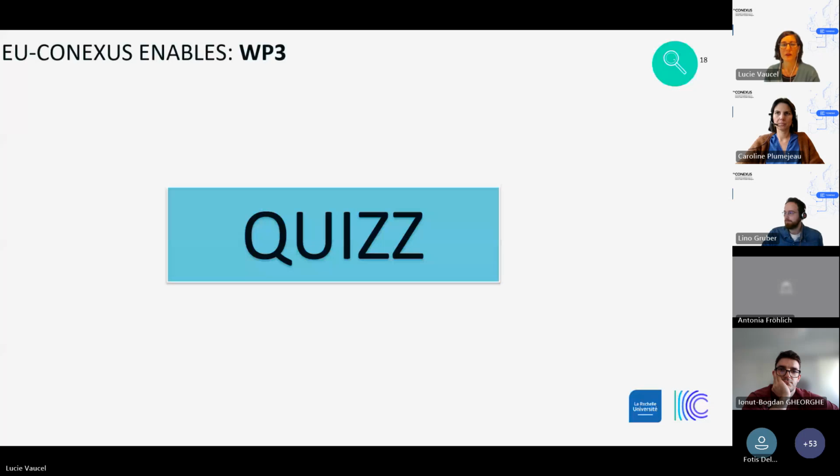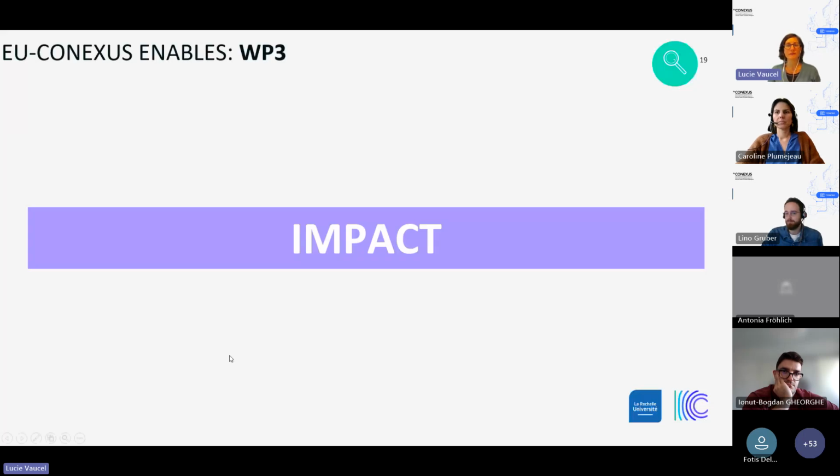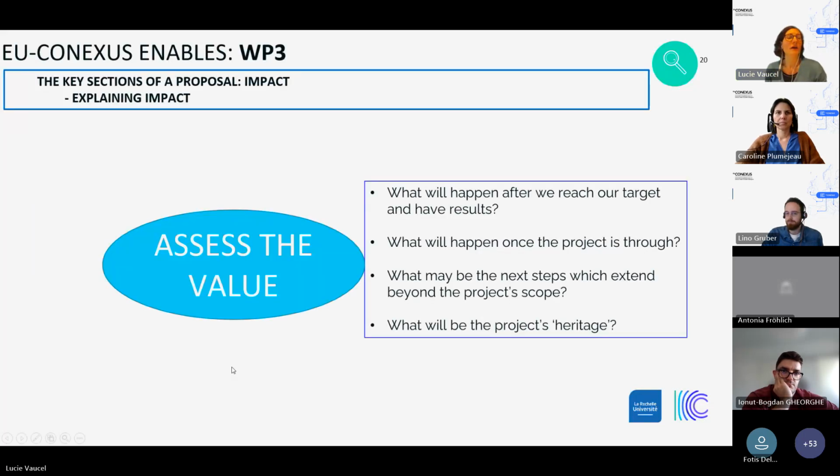Great. So let's talk about impact. Impact is very often one dedicated part of a proposal that you will have to work on and describe in detail. But first, what is impact? The point is to assess the value of your project and to raise the following questions.